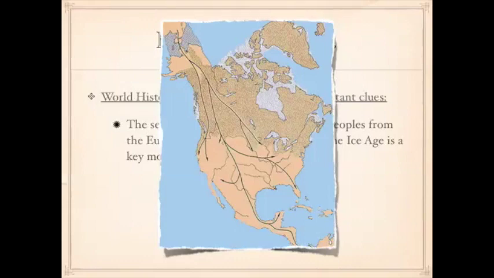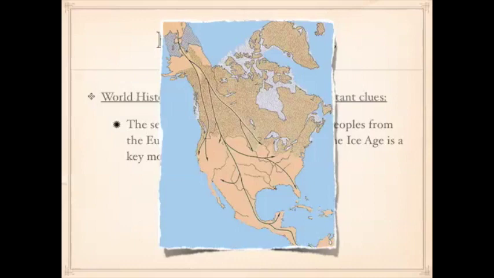I can get from Africa to India, or I can get from India to England during that time. Not so for these people in the Western Hemisphere. So all of the people that lived in North and South America are going to develop separately from the people that live in Africa, Europe, and Asia. And that's going to be a really crucial difference.